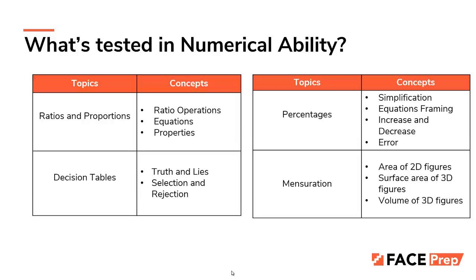If you look at another set of most important topics, there were ratio and proportion questions, decision table questions, percentage and mensuration questions. An important concept from the ratio perspective was with respect to the properties, and in decision tables, it was with respect to who is telling a lie, who is telling the truth. If you look at mensuration, there were questions related to 2D figures where you need to find the area basically.